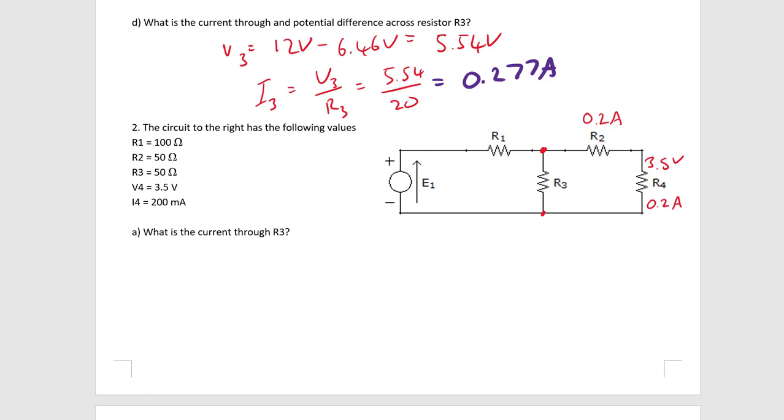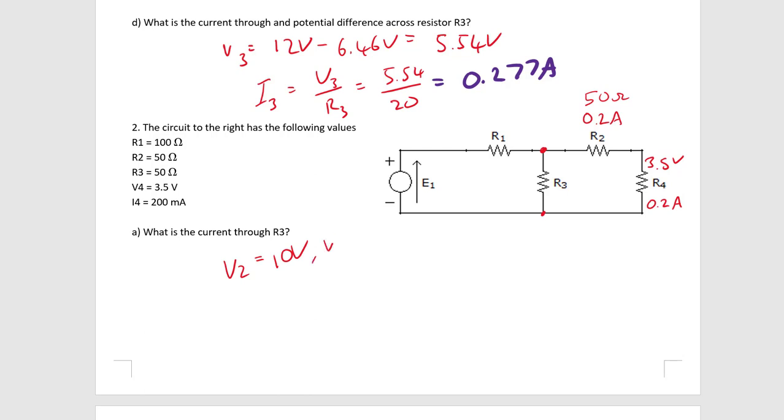Because R3 is in parallel with R2 and R4, if I find the potential difference across R2 and R4 combined, then that will be the potential difference of R3. R4 has a potential difference of 3.5 volts, and R2 has a resistance of 50 ohms, which is given, and the current is 0.2 amps, which means the potential difference for R2 is going to be 10 volts, so 50 times 0.2.